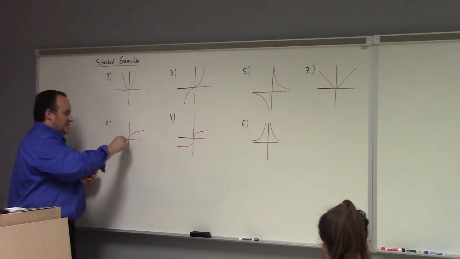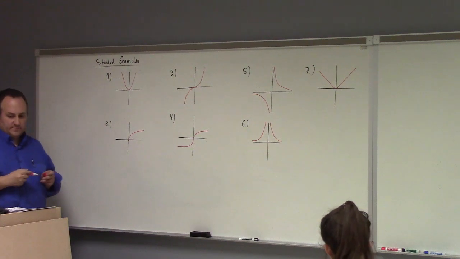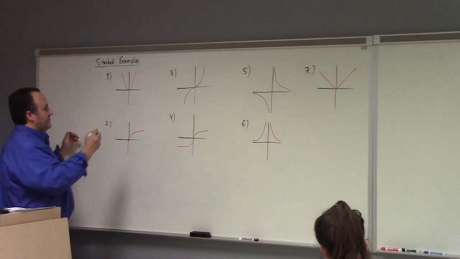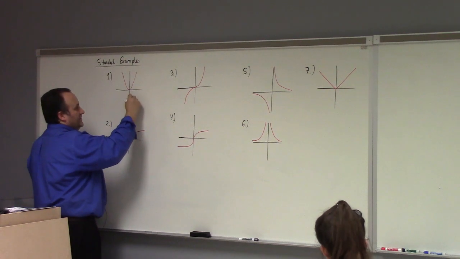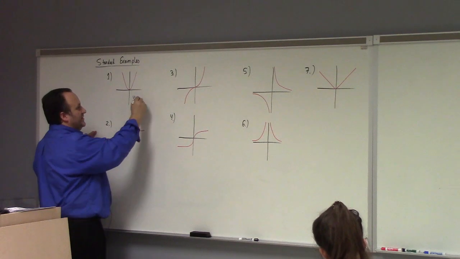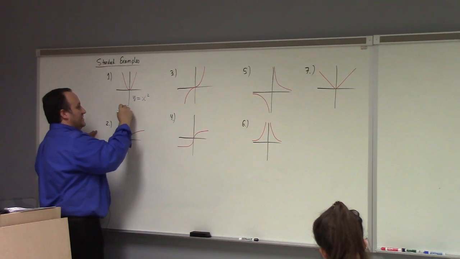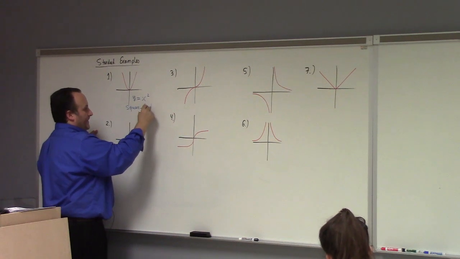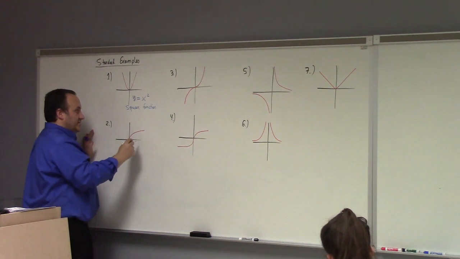Now each one of these, I want to write for you the equation. All right? So the equation for this one is, you guys tell me, y equals what? X squared. This is the square function. This one, y equals what?